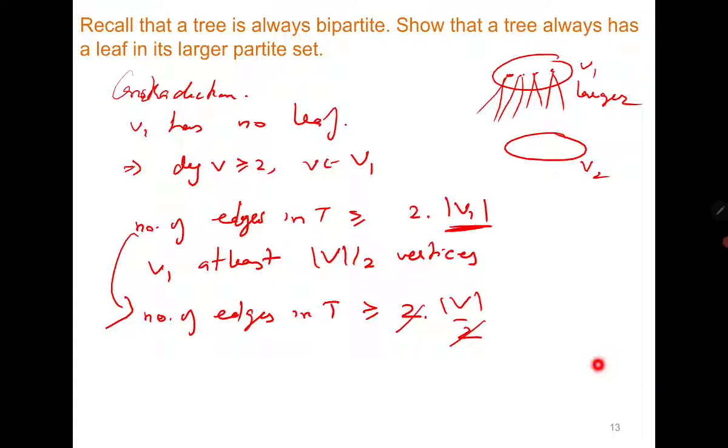It means the number of edges in the tree is at least n, but we know that a tree has exactly n minus 1 edges, which is a contradiction, and therefore we can show that a tree always has a leaf in its larger partite set.